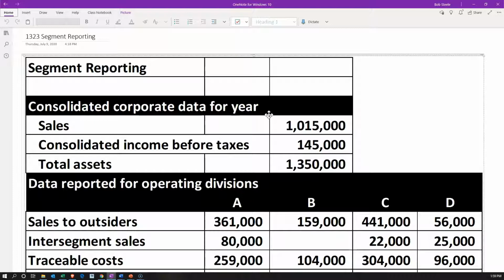We want to put a worksheet together that's going to break down some of that information, such as the revenue by section, the net income that's going to apply out to each segment, the combined income, any inter-segment eliminations, and the assets for each segment.